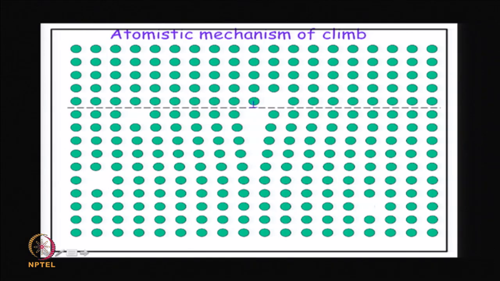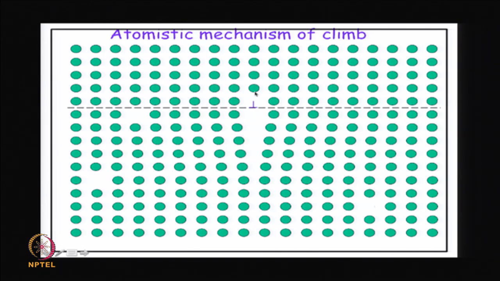But now, suppose the atom at the bottom edge jumps to the nearby vacancy. Atomic jumps like this are possible; vacancies and atoms can interchange their positions. So, if the atom here jumps to the nearby vacancy, what happens?